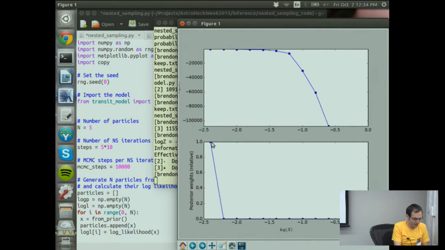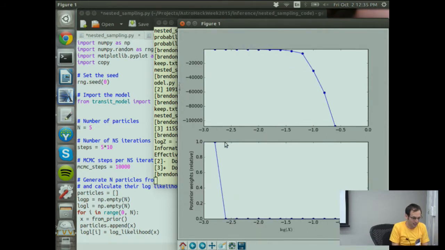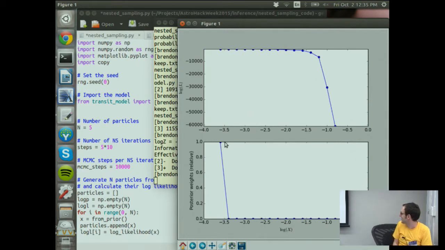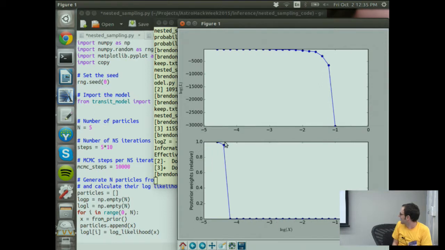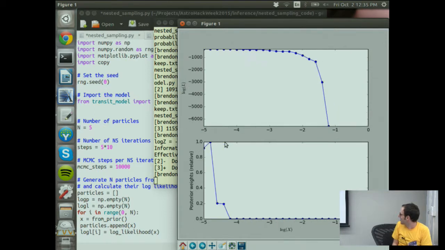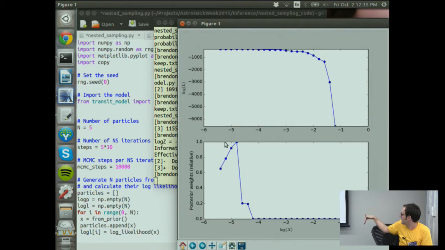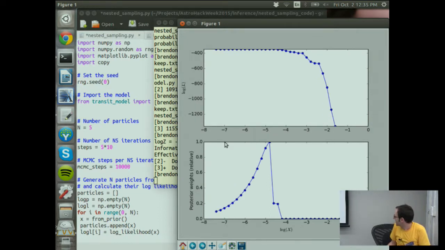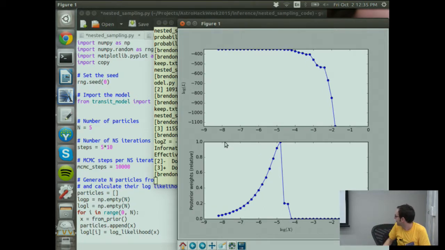Posterior weights are increasing, so we are still finding points that are more posterior-y than the previous ones. That's a technical term. What we're hoping to see is that we've got the correct number of iterations so that we go over a peak and come back down the other side. And it looks like that's happening. When it gets to 10, it'll stop, and then I can print out the results.